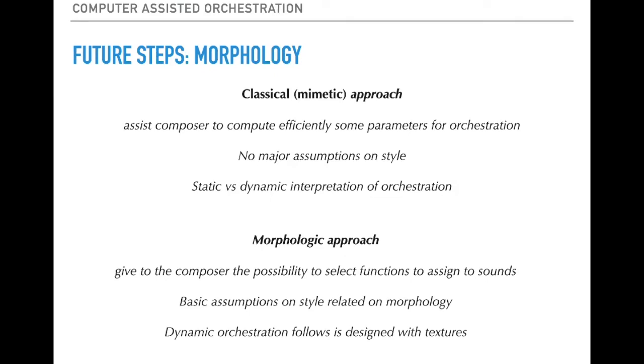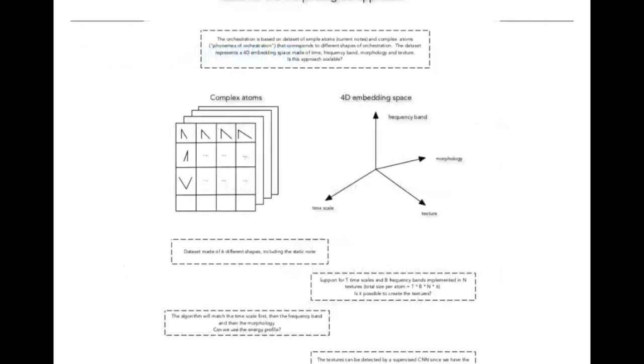I don't know if it makes sense, but basically the idea is to have an embedding space in which you have time, frequency, morphology, and texture, and make a very large dictionary of these morphologies, and then match the best atoms of this dictionary, and then implement these morphologies for the right solution. So I'm working on that. I think it's interesting, and it will be more musical. It will be more orchestration than instrumentation, but still it's something that is ongoing.